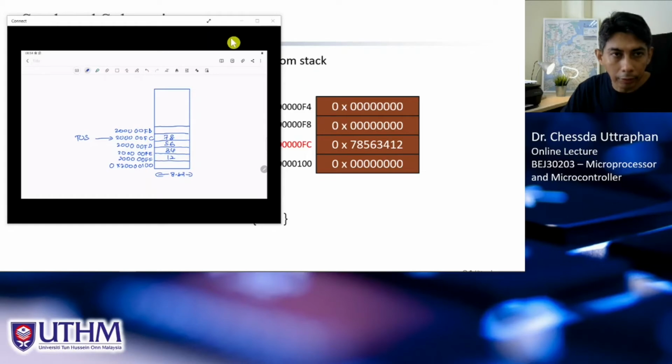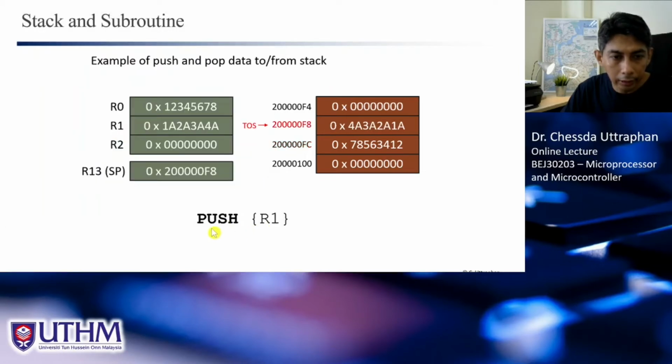And next, when we push R1 again, the value of R1 will go to the stack here, and this will be the top of the stack now, right? Again, it is stored like this: 1A, 2A, 3A, 4A in the stack when you push R1 into the stack.